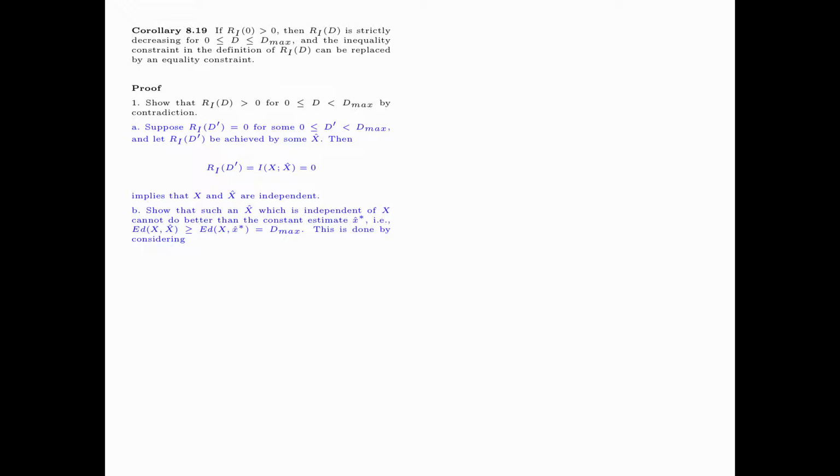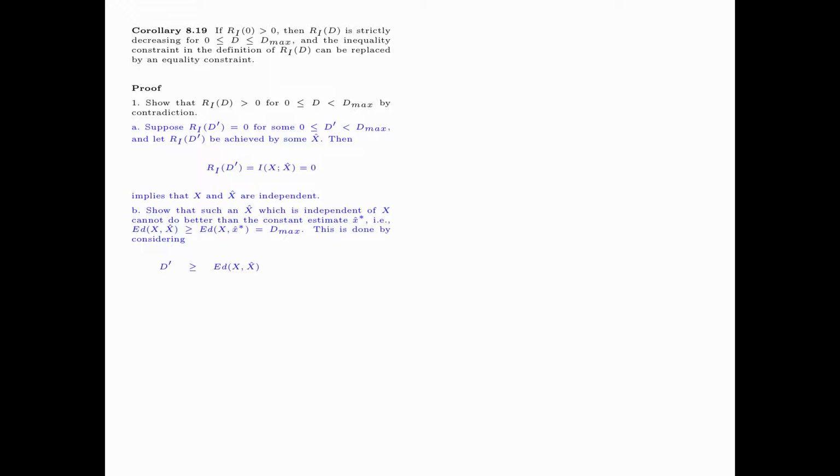Then we show that such an x hat, which is independent of X, cannot do better than the constant estimate x hat star. That is, the expectation of d(X, X hat) is greater than or equal to the expectation of d(X, x hat star), which is equal to d_max. This is done by considering the following.